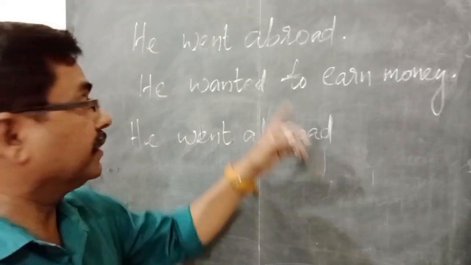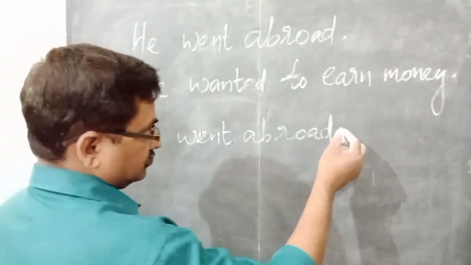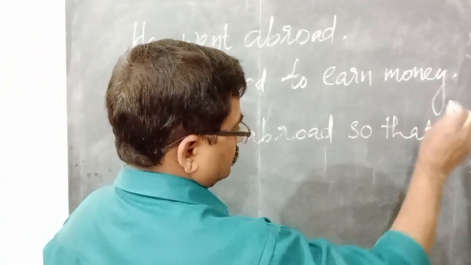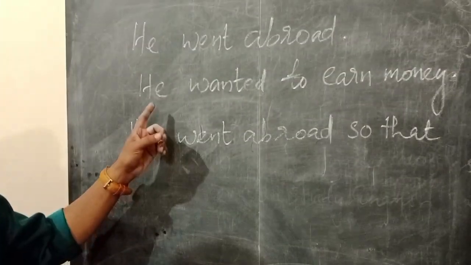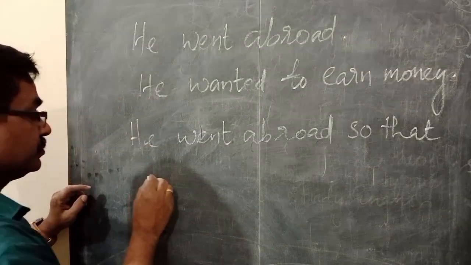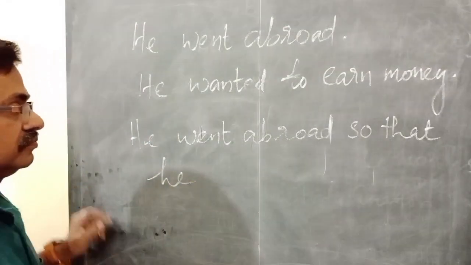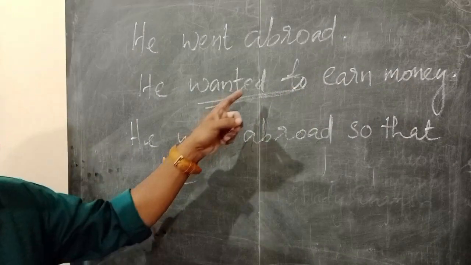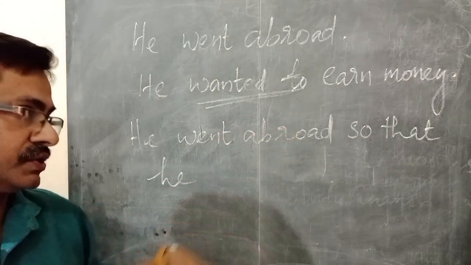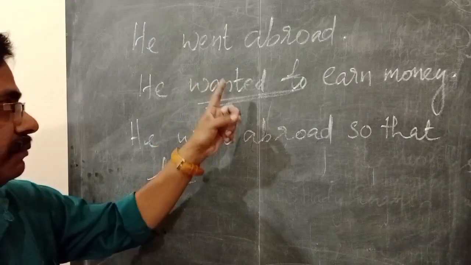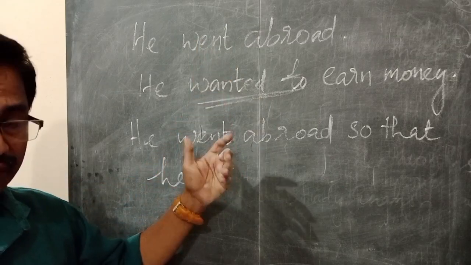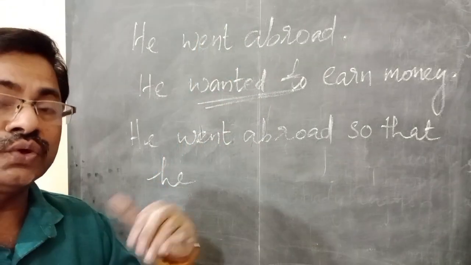Later you can write so that. The subject should be repeated. Instead of this verb, we have to use a modal auxiliary. Here the verb is past tense, V2 form. So in the place of can, we can use could.